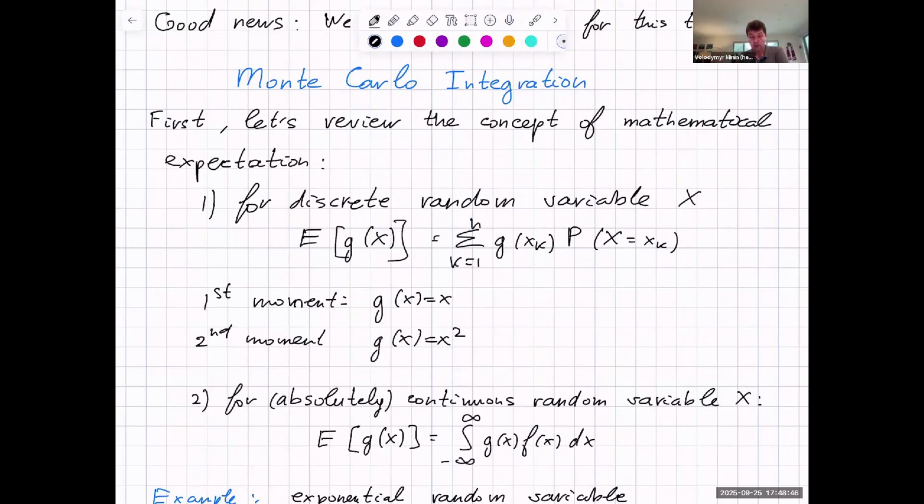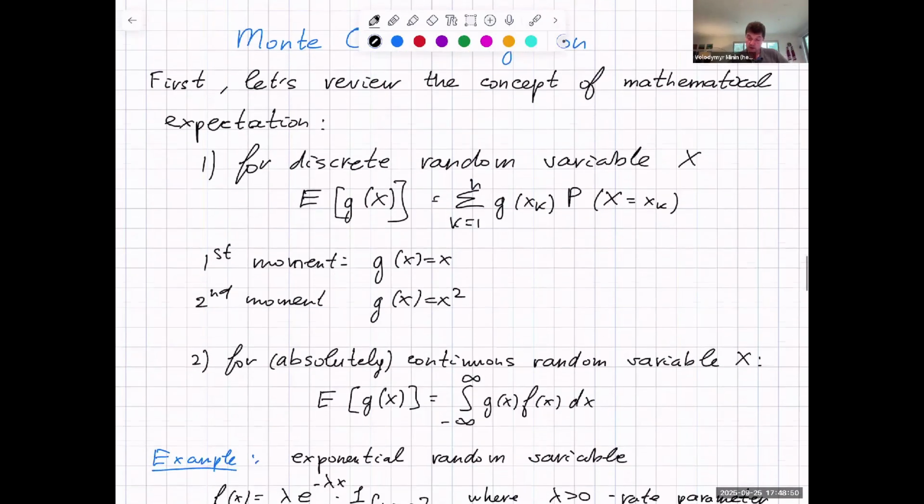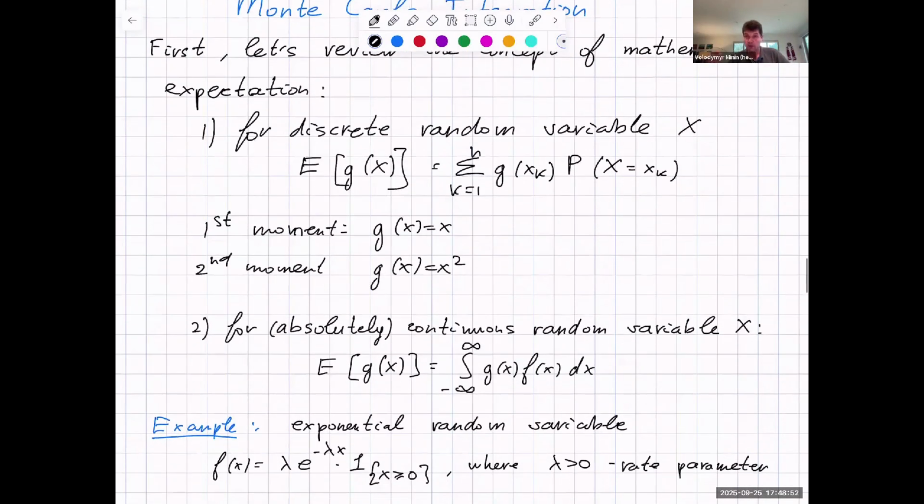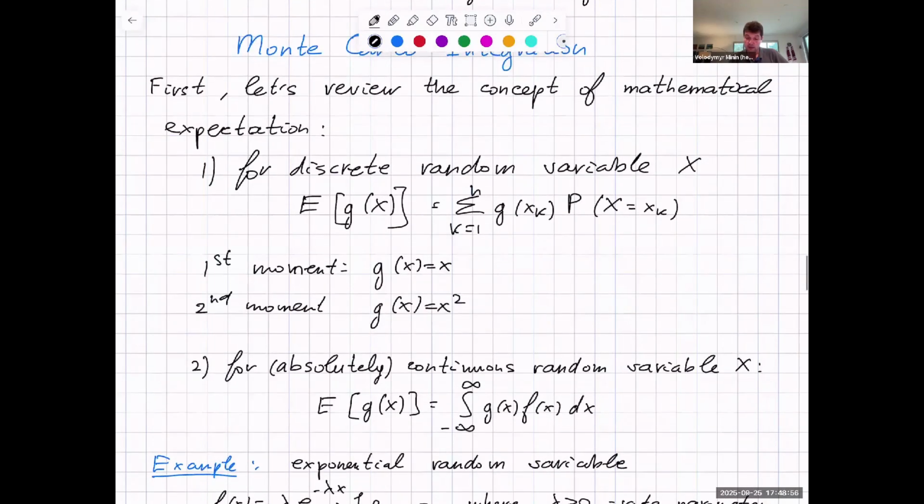One of the ways to do numerical integration is called Monte Carlo. Before we go there, just a quick reminder, and that was already a question from Mikhailo about expectations. Mathematical expectation in case of discrete random variables is defined maybe more naturally as just a weighted sum.